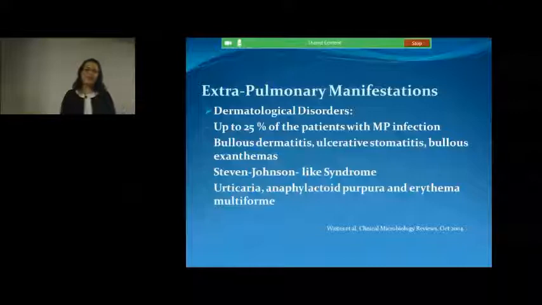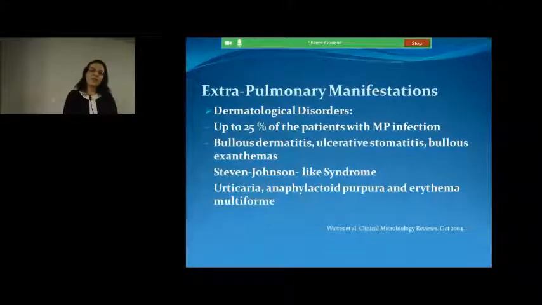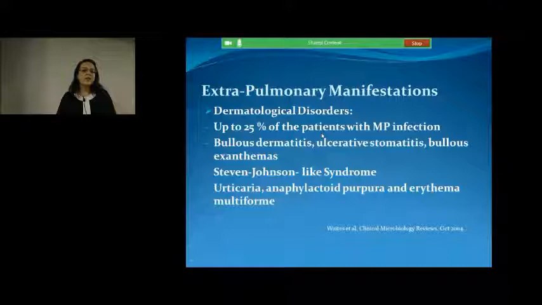Dermatological disorders are the second most common extrapulmonary manifestation. So it seems like central and peripheral nervous system manifestations are the most common ones, followed by dermatological disorders that can occur in up to 25% of the patients with Mycoplasma pneumoniae infection.